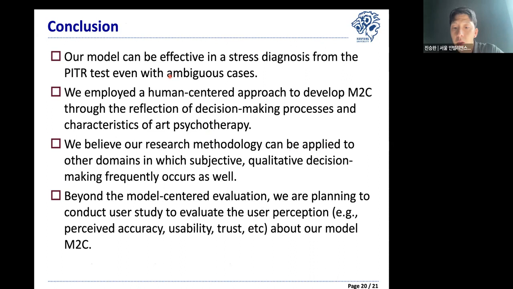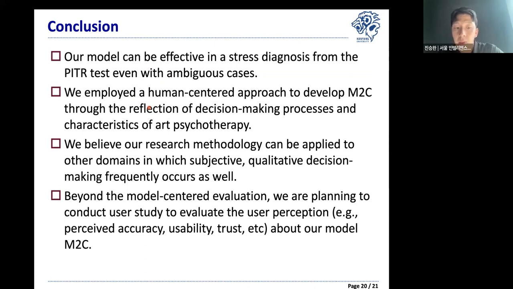Therefore, it was necessary to reflect on the therapist's decision-making process to achieve good classification performance and good acceptance of the model. We showed its effectiveness through quantitative and qualitative evaluation studies. We believe our research methodology can be extended to other domains.